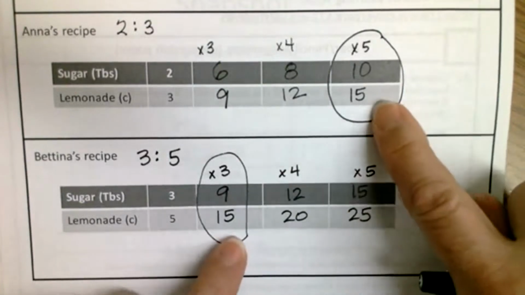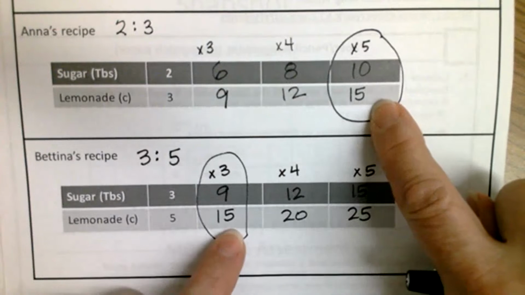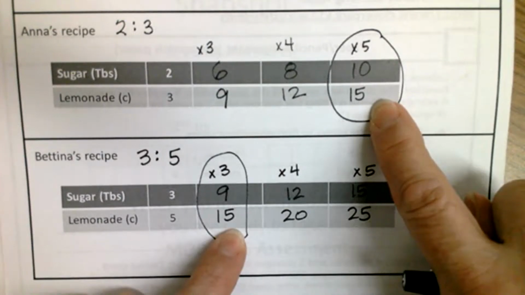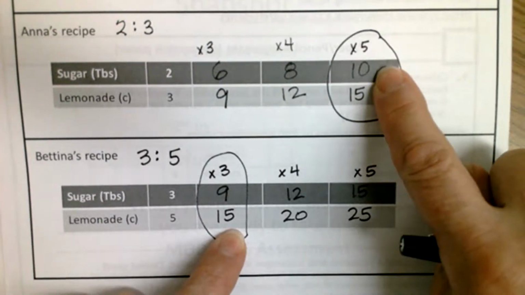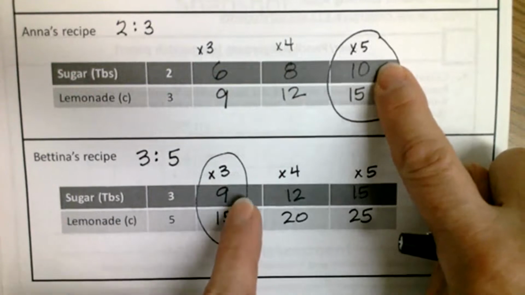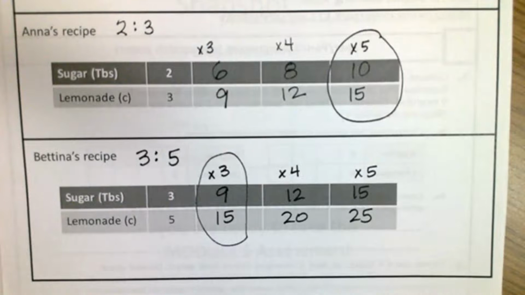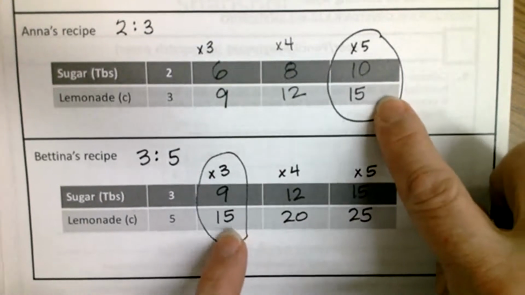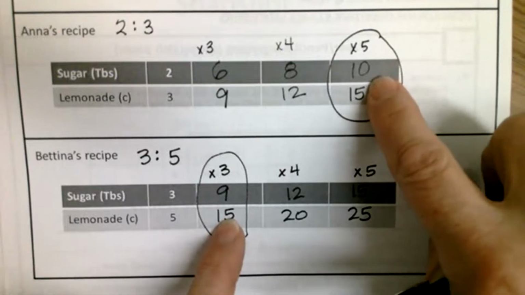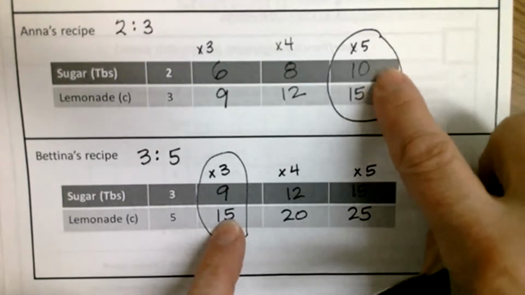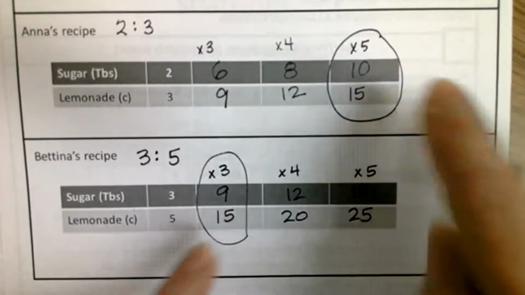So for both recipes, when there are 15 cups of lemonade, Anna's has more sugar, 10 tablespoons of sugar compared to 9 tablespoons of sugar. So that's how we know that Anna's recipe is sweeter, because when both of them have reached 15 cups, this ratio has more sugar than this one, okay?